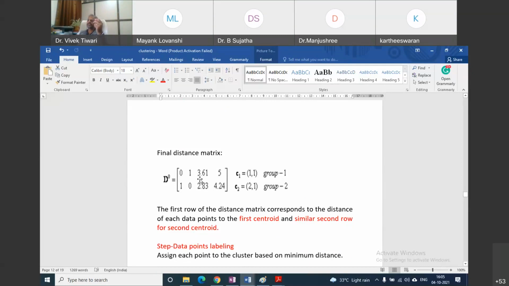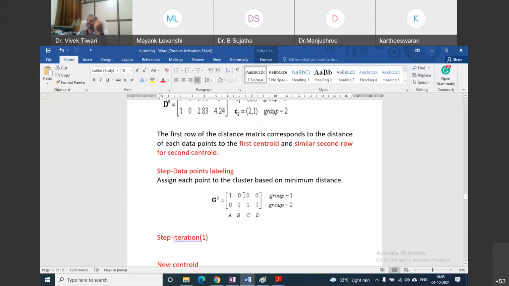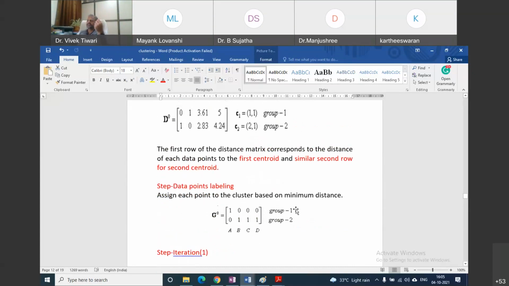We have to check which value is smaller, that is, which cluster each data point is closer to, and assign it there. Over here is the membership matrix for group 1, or centroid 1. The first data point is a part of cluster 1, because between the distances to C1 and C2, this is the smaller one.